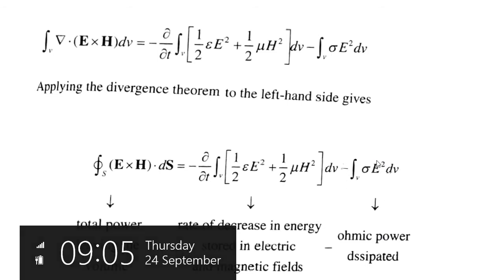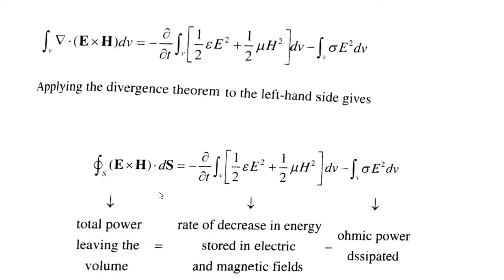So the total power leaving the volume is equal to the sum of these two: the rate of decrease in energy stored in electric and magnetic fields and the ohmic power dissipated. This is the mathematical form of Poynting's theorem. I hope this is clear.